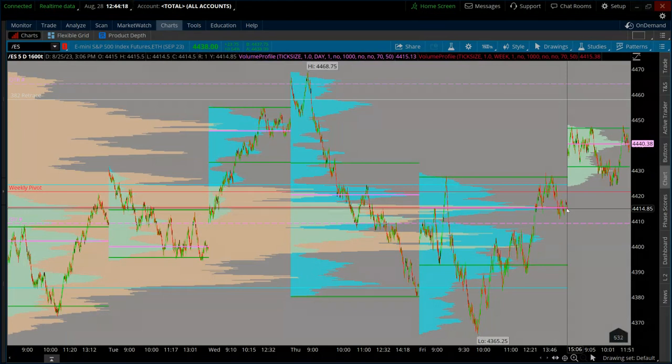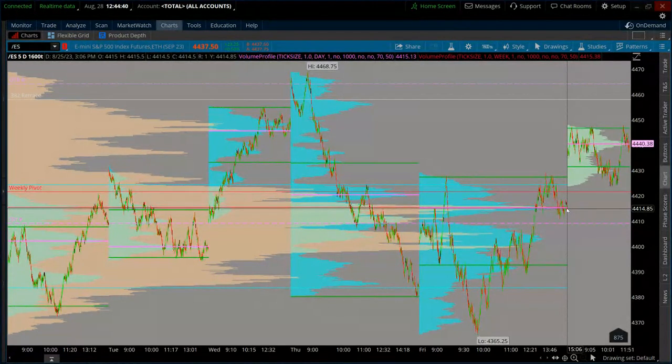Now, you could argue, doesn't it make sense that a lot of times, not always, your TPO point of control is going to be really close to where your volume point of control is? I would say yeah, because if it spent the most time there, chances are it had the opportunity at least to trade the most volume there, but it doesn't necessarily have to be that.